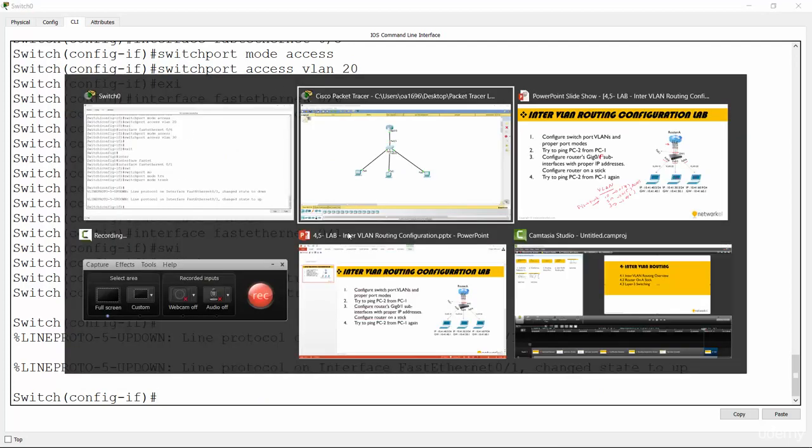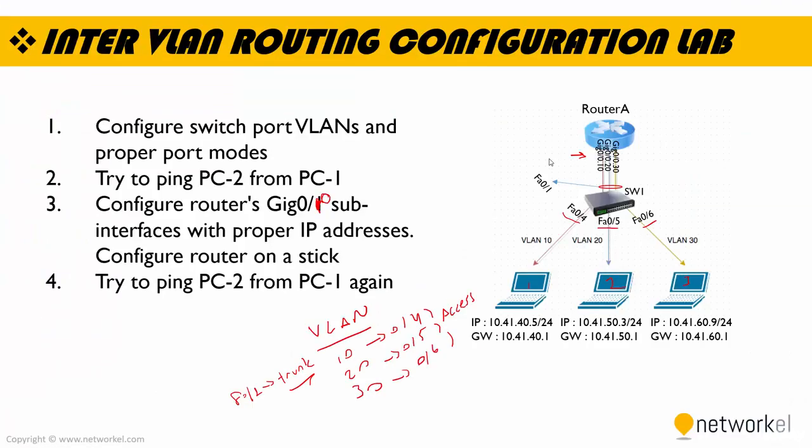Alright, I think we accomplished the first step, but I need to double check it. Configure switch port VLANs and proper port modes. I made 0/1 a trunk, and I created these VLANs and attached these ports as access ports to these VLANs.